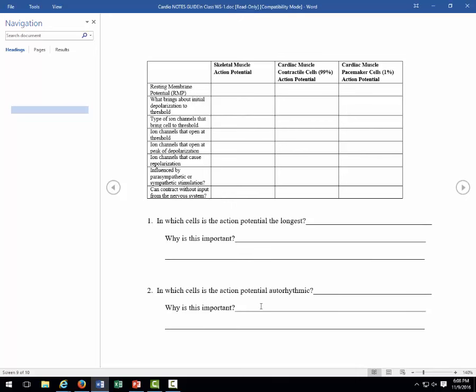You don't have to write all that down, but it does not rely on the nervous system. So if there's something wrong with the nervous system, the heart is still going to beat on its own, because it's very important that it beats to keep the body alive, right? So we don't want to rely on nervous input. We want to be able to have that heart beat all on its own.